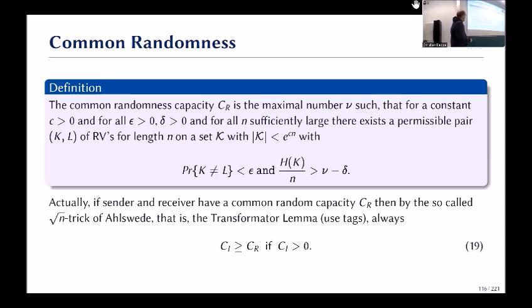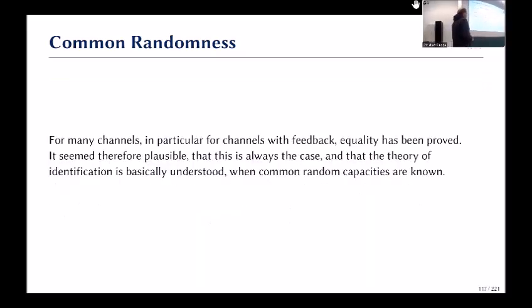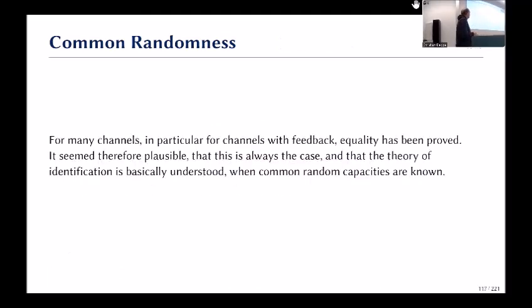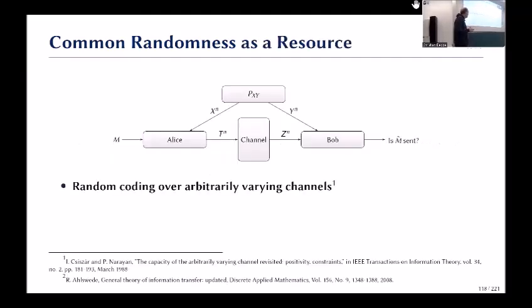This holds for the discrete memoryless channel and for memoryless channels. And for many channels, in particular for channels with feedback, it seems plausible that common randomness and identification are very near together, and Ahlswede even conjectured that these two capacities are the same. But that's not true, so he found counterexamples.